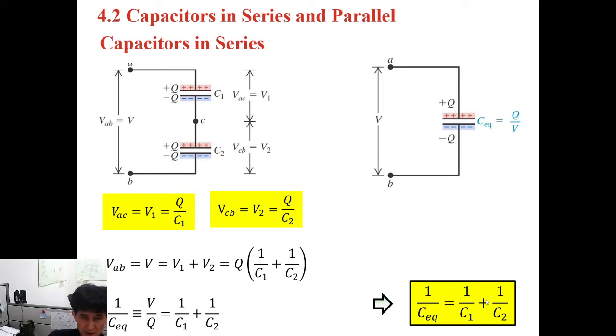So this is the equation for an equivalent capacitor representing the two capacitors C1 and C2 connected in series. So this is the equation for serially connected capacitors.